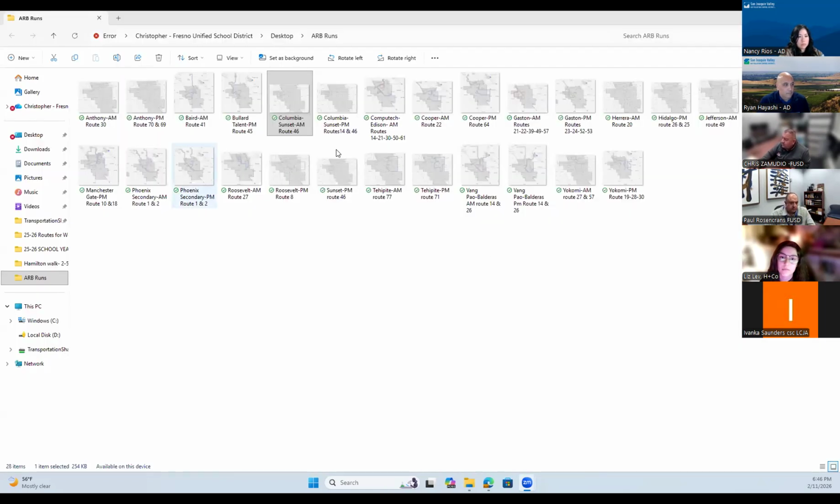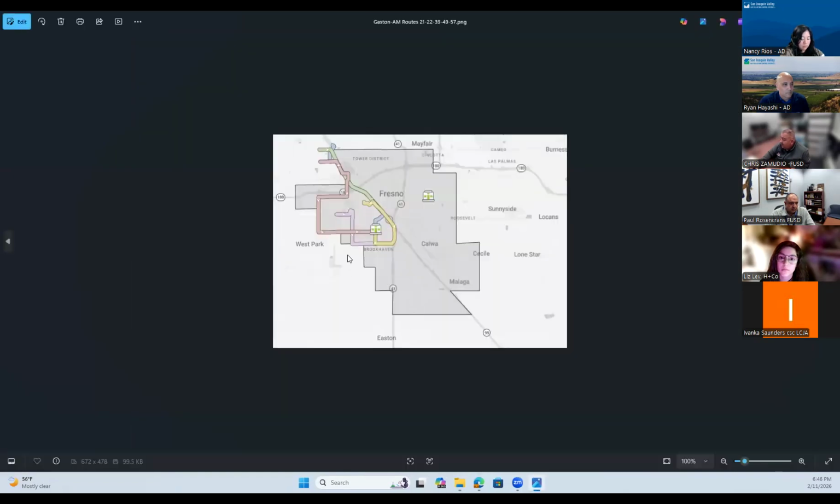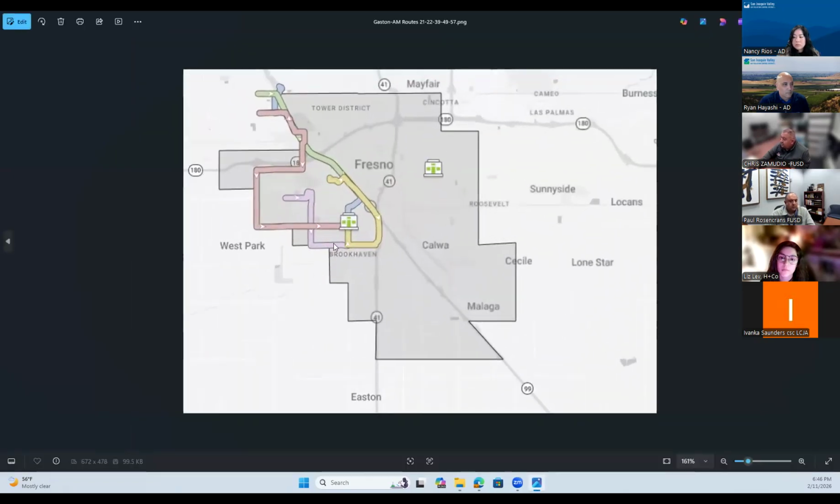I'm going to walk you through a couple more that we're looking at in prioritizing and going from there. One of our school sites in that area is going to be Gaston Middle School. As you see, each run path is color coded. This means that we have several different routes or different runs that service that school site.